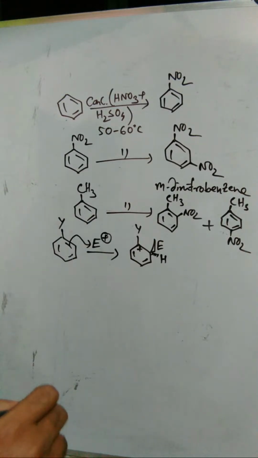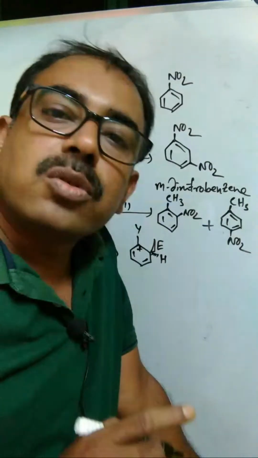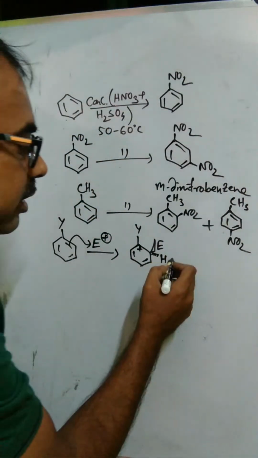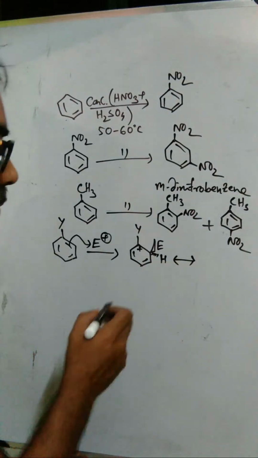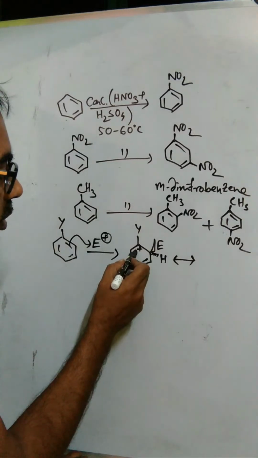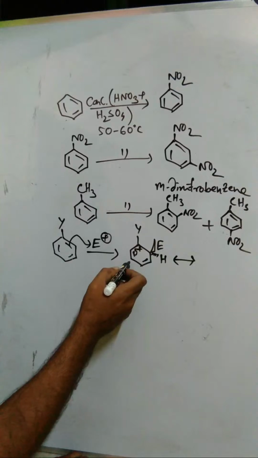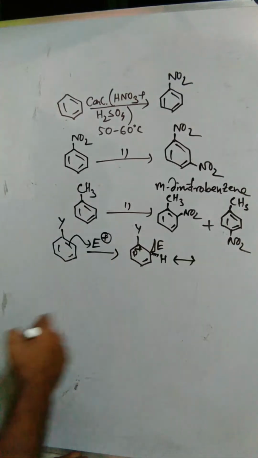Now we have to make some resonance structures of this carbocation. First of all, this pi bond will move towards this bond, and since the pi bond is breaking from this carbon, a positive charge will be here.